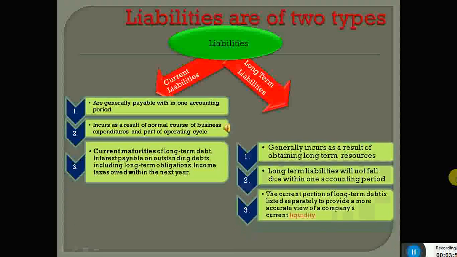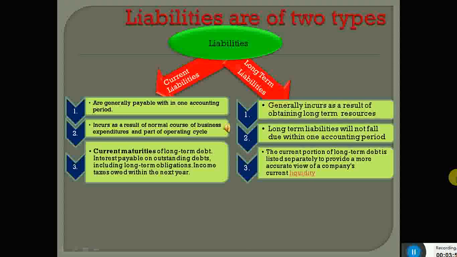Current liabilities are generally payable within one accounting period. Current liabilities are incurred as a result of the normal course of business expenditure and are part of the operating cycle. Current maturities of long-term debts, interest payable on outstanding debts including long-term obligations, income taxes owed within the next year.